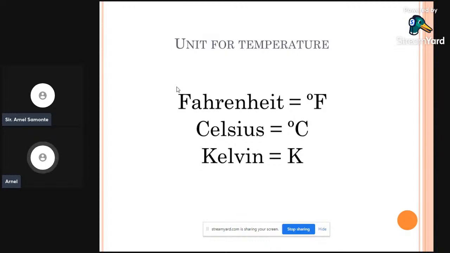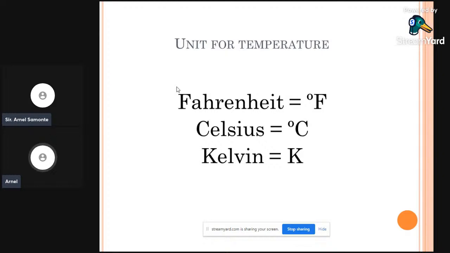The units for temperature are Fahrenheit with the degree symbol and capital F, Celsius with the degree symbol and capital letter C, and Kelvin with capital letter K. Mapapansin din natin sa Pilipinas is almost laging nagagamit si Celsius.